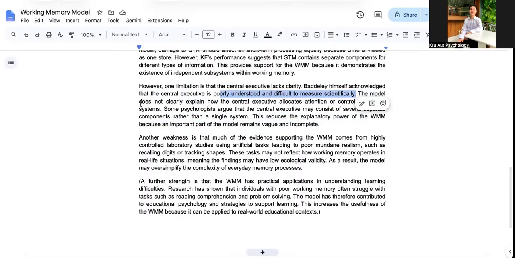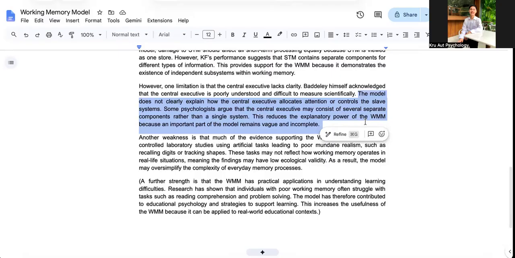It's not clearly explained. That's how we're going to write this. The model does not clearly explain how the central executive allocates attention. Not clearly explained in terms of what? We need to always be questioning ourselves about how to elaborate on what was already written so that the sentence or the paragraph isn't too short. I'm not saying longer paragraphs are better and shorter paragraphs are worse. Not always the case. Some short paragraphs are okay to gain full marks.